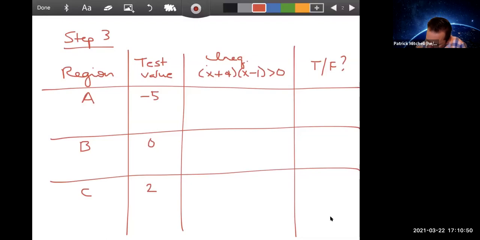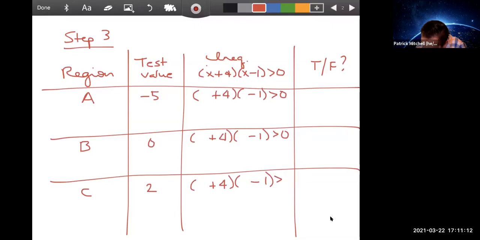Okay, so now let's make a copy of my inequality. I'm just going to leave out the x because then I'm going to replace that x with a -5. And you know what? While I'm here, why don't I just do that for all of these? Okay, so here we go.